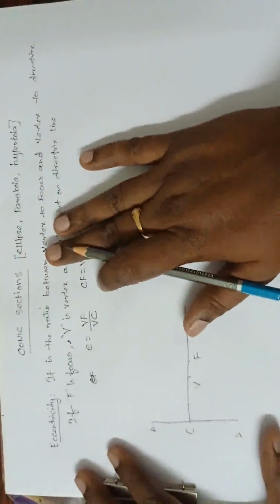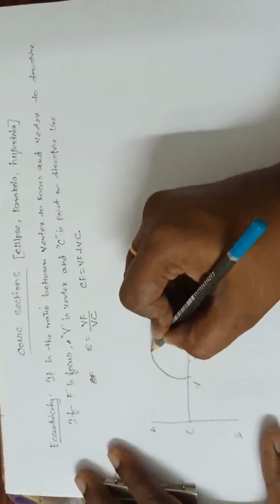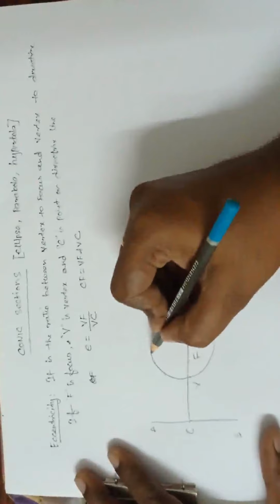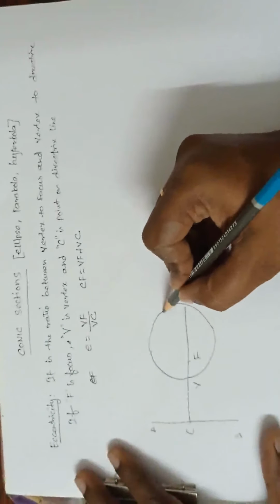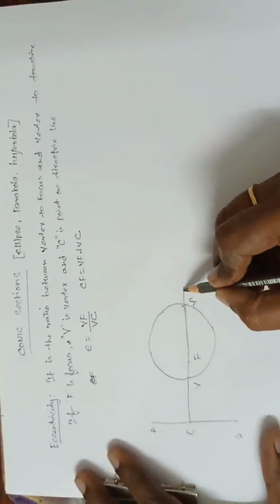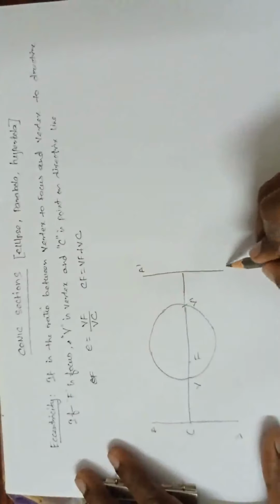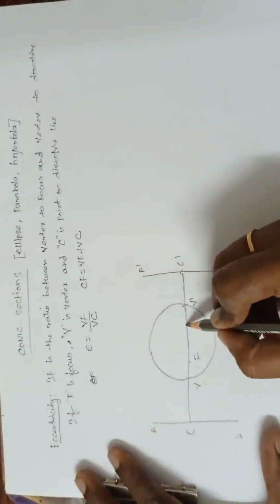If the vertex is nearer to focus, the curve we get is an ellipse, like this. This is another vertex, as we have studied in intermediate, and this is another directrix A dash B dash, and this is the point C dash. So the focus will be somewhere here.